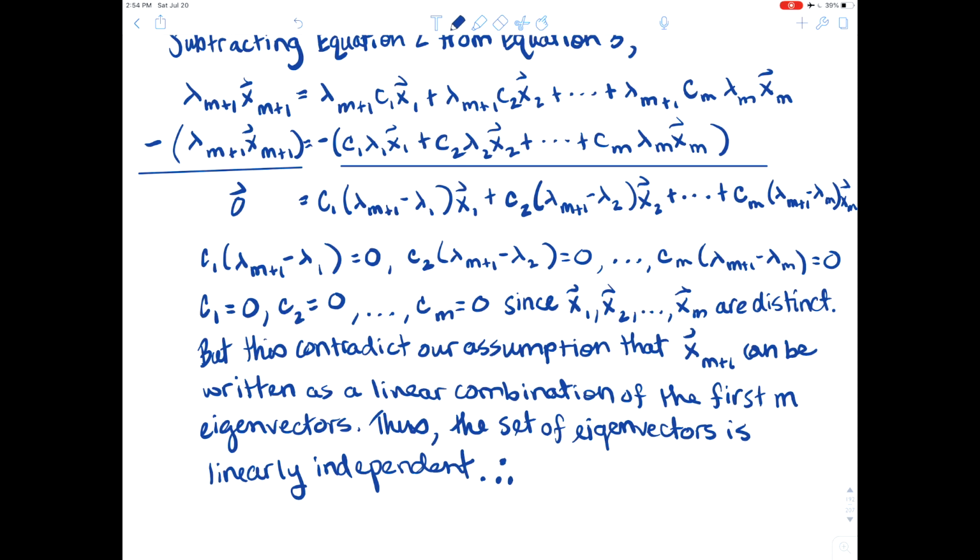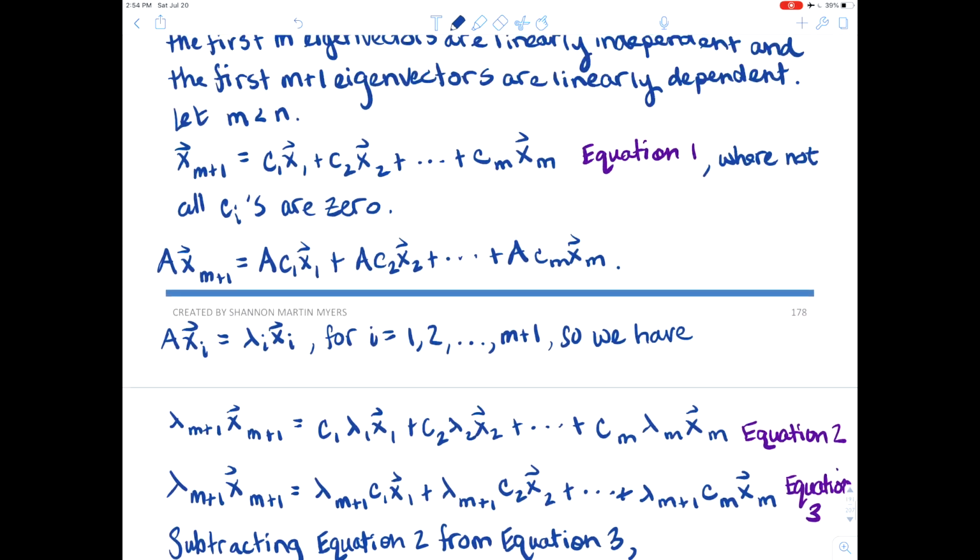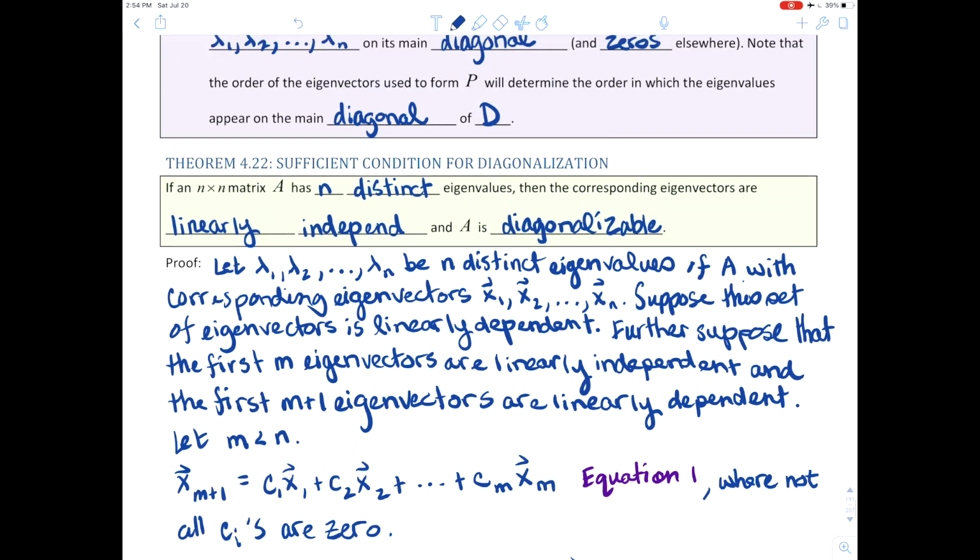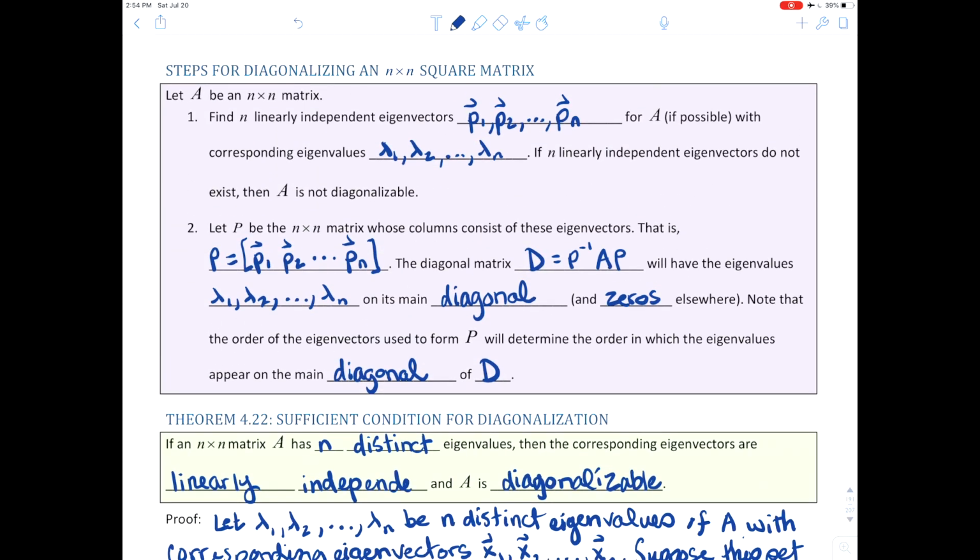Therefore, from our earlier theorem, A is diagonalizable. And that was from which theorem here? Oops, sorry.